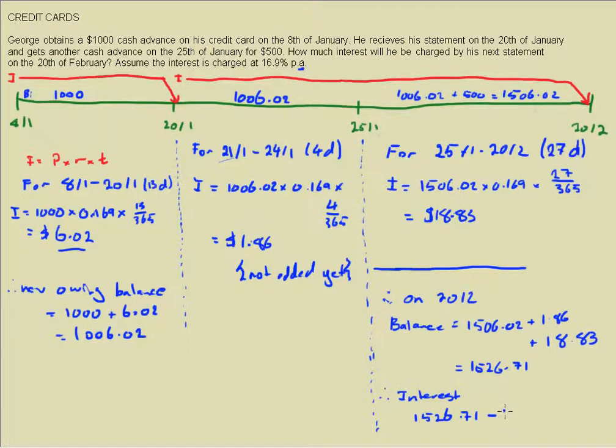So that's our $1,000 and another $500, so that's $1,500. And just by looking at that, that's $26.71. So that is the total amount of interest accrued over that period, which the question is concerned with. And you're done.